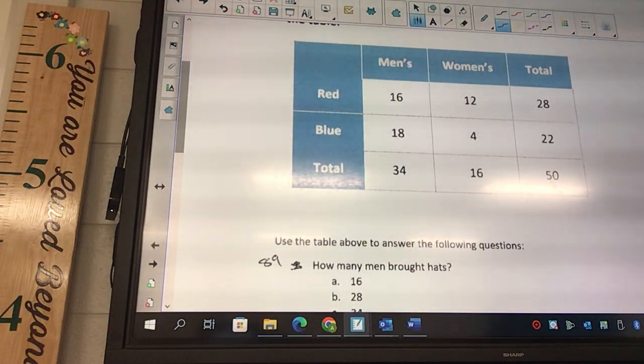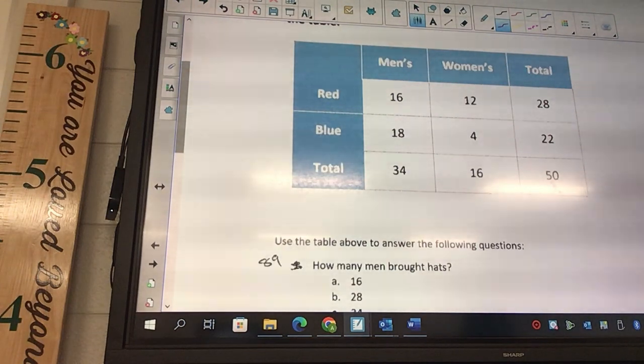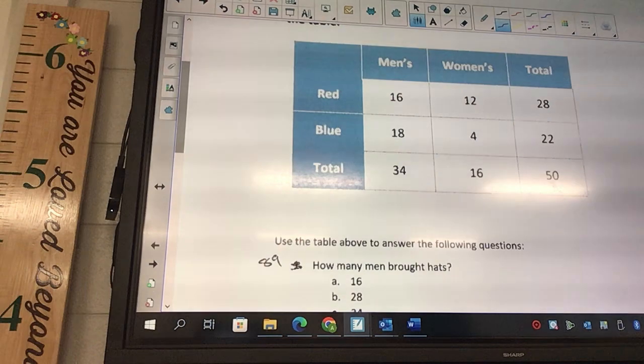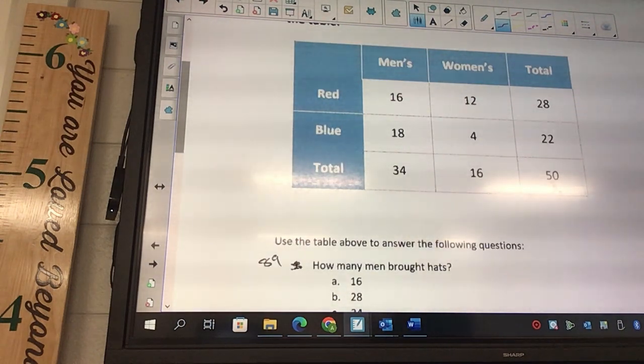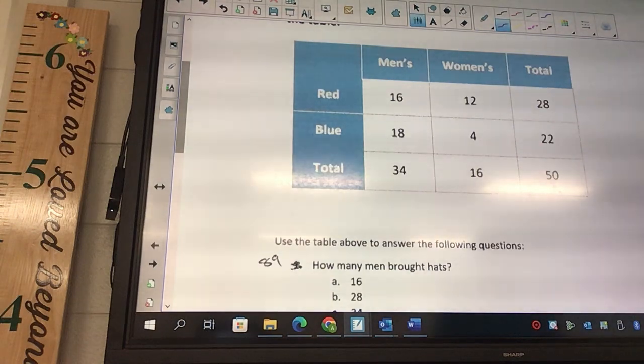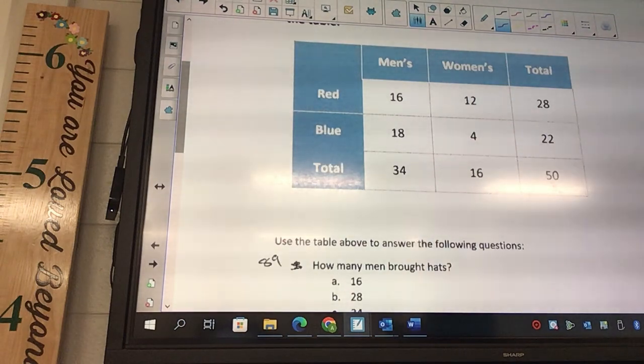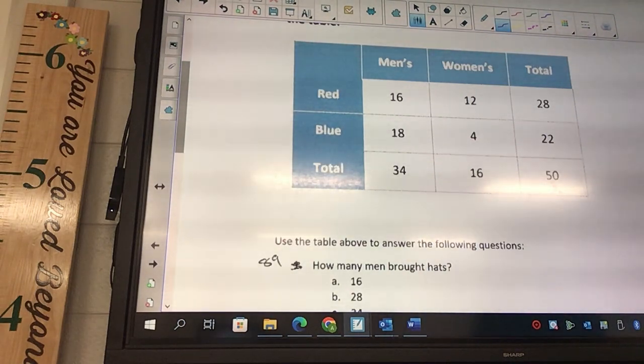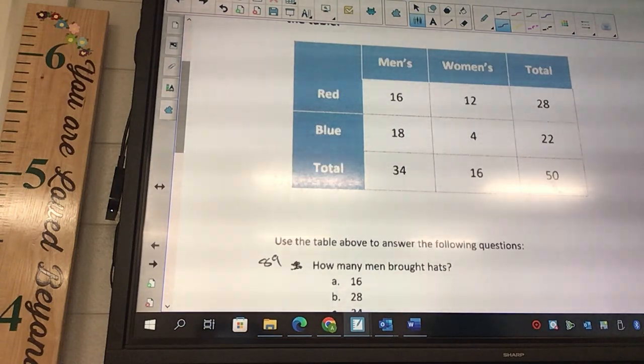Okay, last page. How many men bought hats? You guys good? How many men bought hats? 34. Okay, 90. How many hats were sold? 50, which is A. What percent of the hats sold were blue?